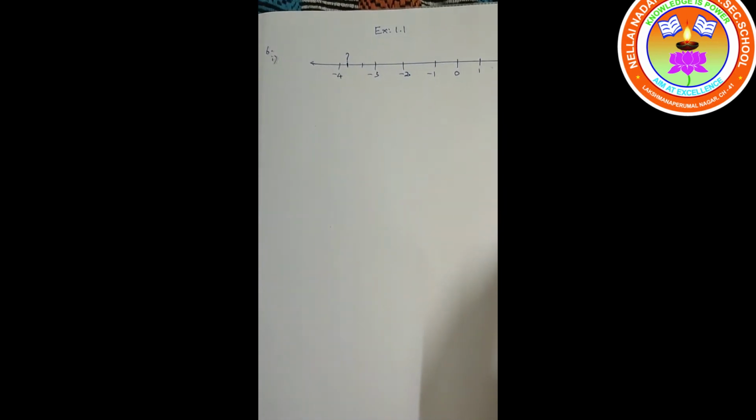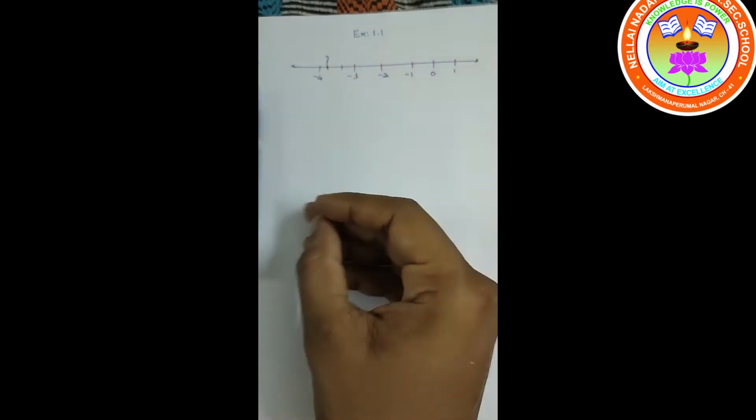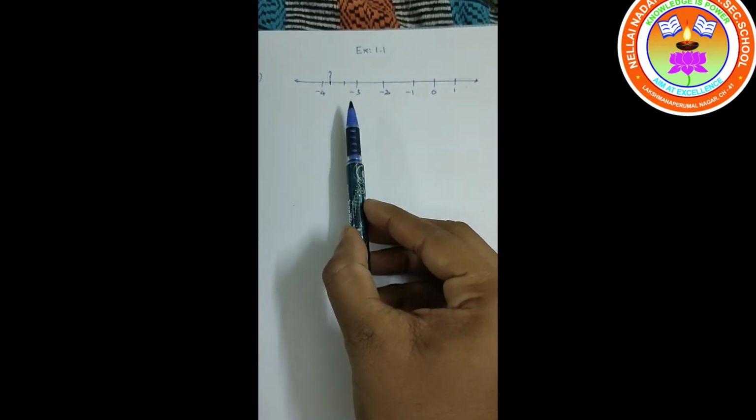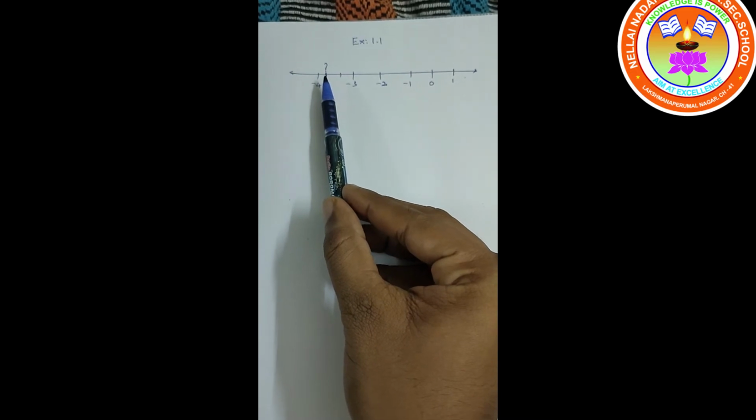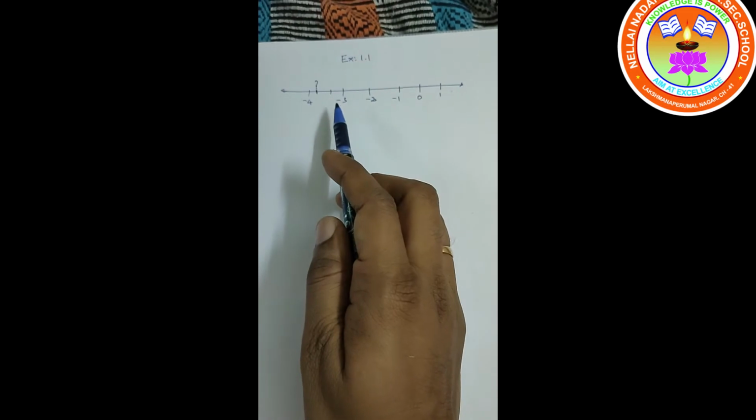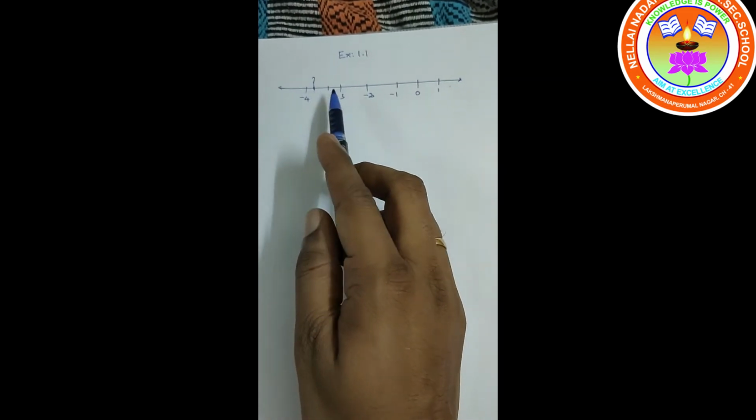Exercise 1.1, 6th sum, first subdivision. A number line is given. In that number line they ask a question mark. We want to find what rational number will come in this question mark. First of all we have to see where the question mark lies.